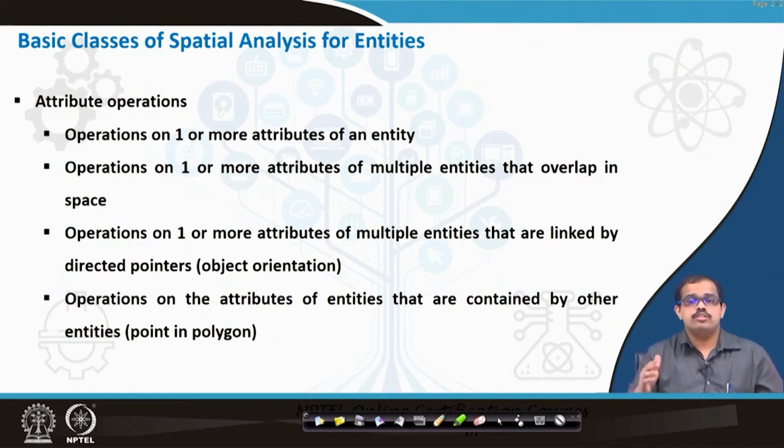It can be operations on one or more attributes of multiple entities that are linked by directed pointers, which is object orientation. It can be operations on attributes of entities that are contained by other entities, or point to polygon. One entity is a point, another entity can be a polygon. So, these are the basic classes of spatial analysis that you can do.